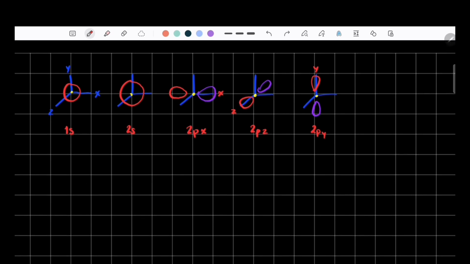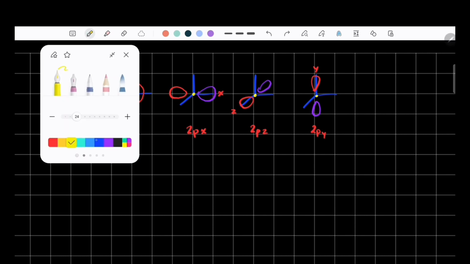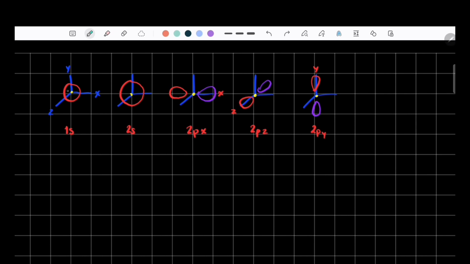So each orbital can contain up to 2 electrons, and that goes for all orbitals, basically. So I'm going to draw my orbitals in with this. Let's do this light blue color. So our electrons are going to be like this, and our electrons come in pairs like this, right?